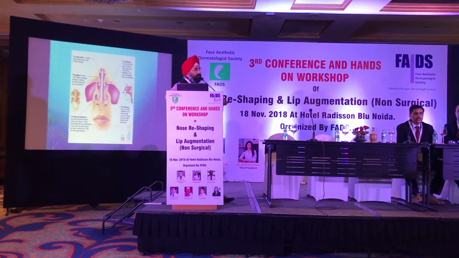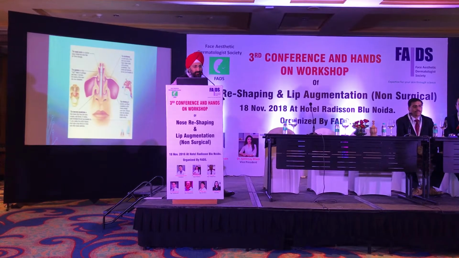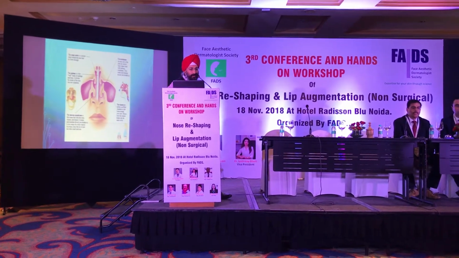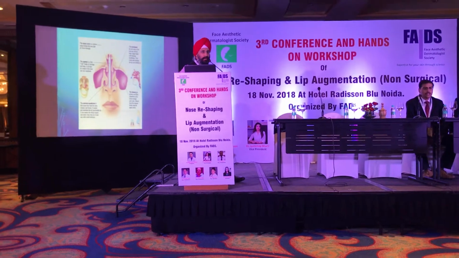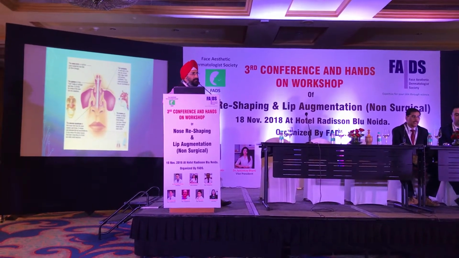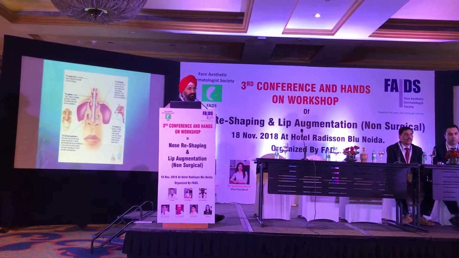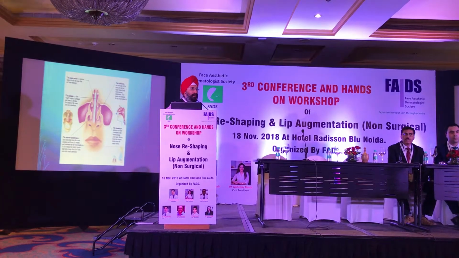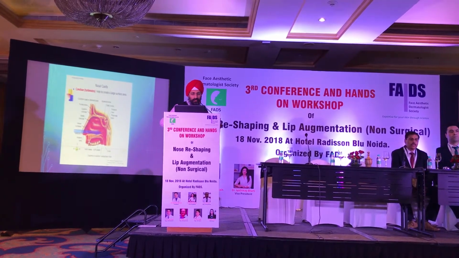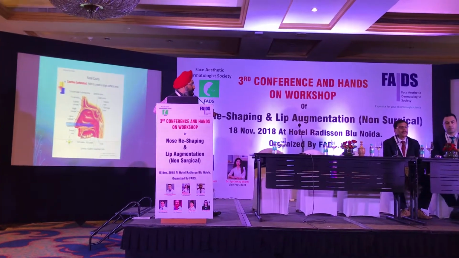We have a mucous membrane which warms the air which we breathe in, and also clears away the mucus and the small particles which can accumulate. Then we have the turbinates here. Turbinates not only increase the surface area of the nose, but also help to moisten the air which we breathe in. These are the three turbinates of the nose: the superior turbinate, the middle, and the inferior turbinate.